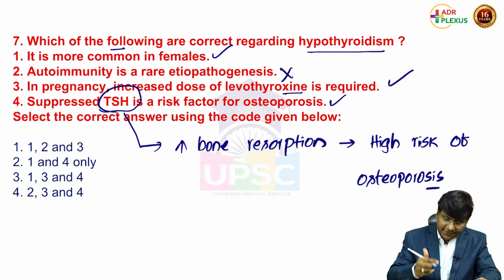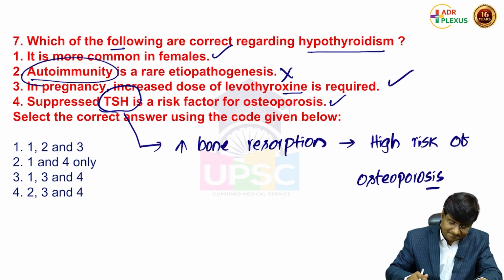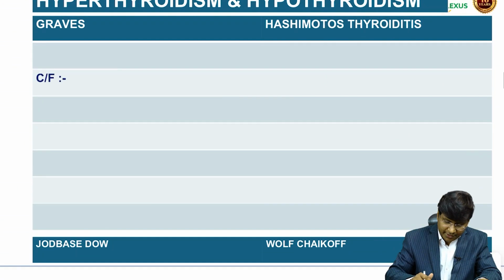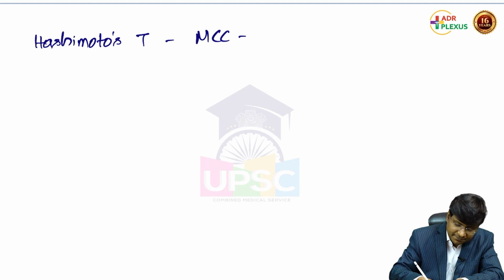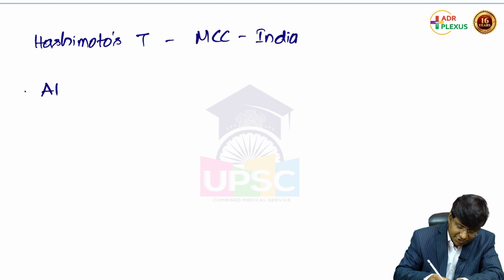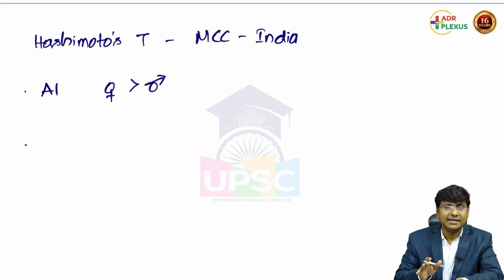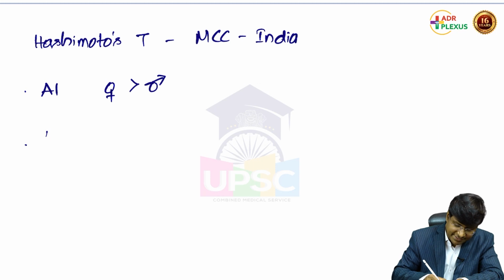Now if you take this autoimmunity, what is that autoimmunity? The autoimmunity will be Hashimoto's thyroiditis. So Hashimoto's thyroiditis is the most common cause of hypothyroidism in India, and this is an autoimmune condition. Thereby it is more common in females rather than males, and because it's an autoimmune disorder, you have lymphocytic infiltration into the gland.